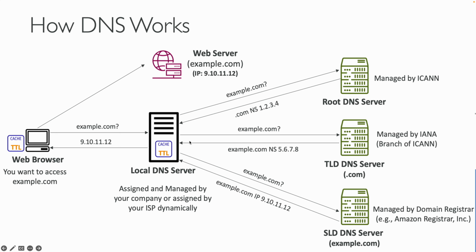It responds to the local DNS server, which again goes to name server 5678 and checks the second level domain name service. Here it will be a domain name registrar, which may be Amazon registrar or GoDaddy or something. It says, yes, I know example.com, and this domain is connected to IP address 9.10.11.12.